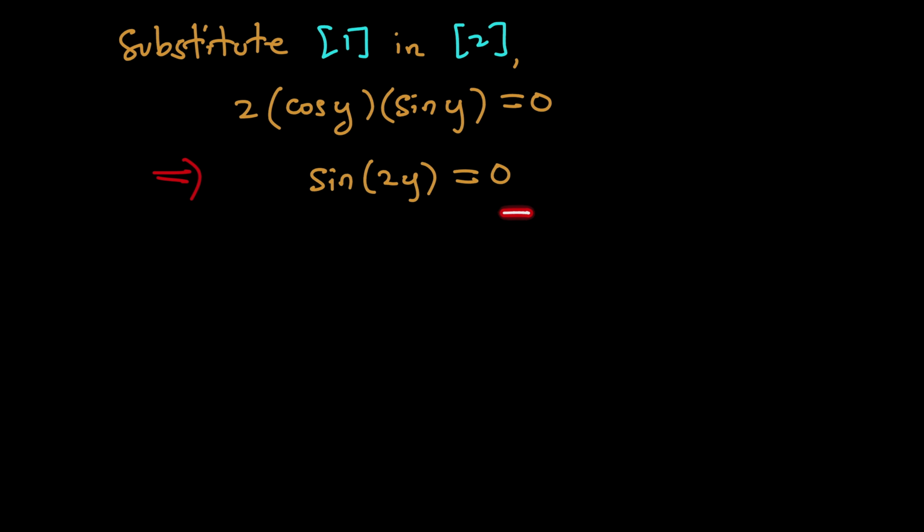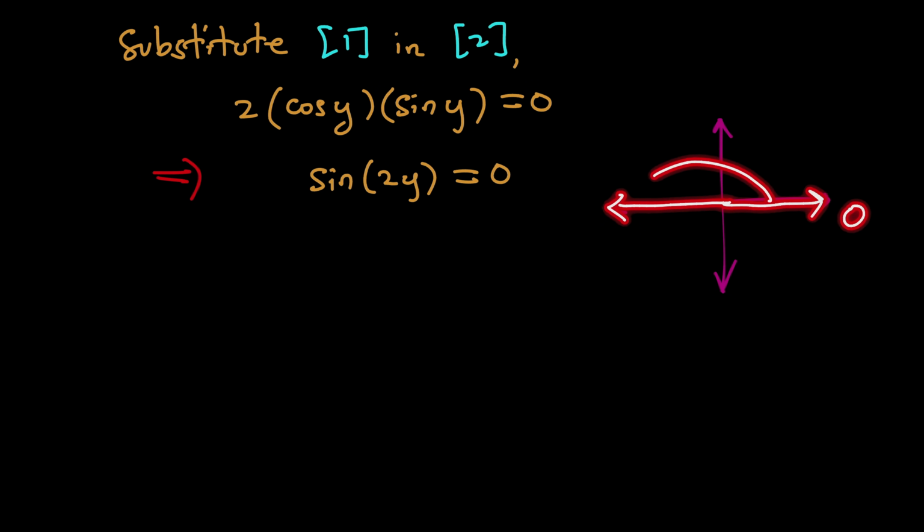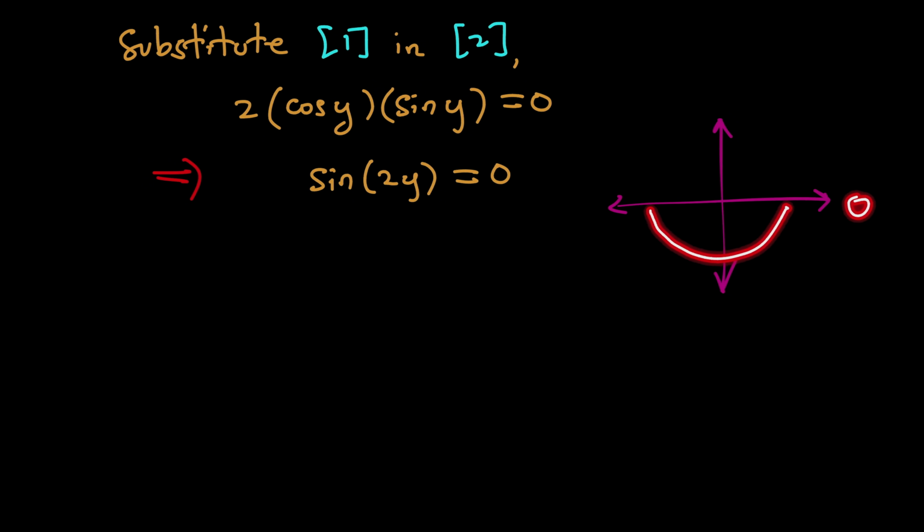Notice that this sine function is 0 provided that its input lies on this horizontal line. That means sine 0 is 0, sine of pi is also 0, sine of 2 pi is also 0, and similarly we have sine of negative pi, and sine of negative 2 pi.